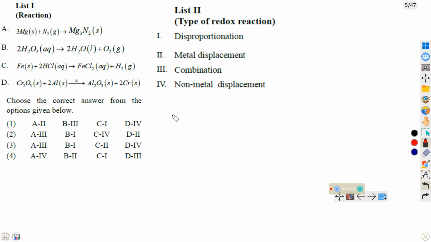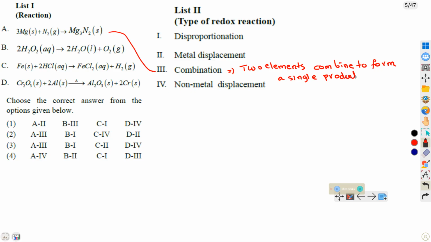Match the following. A is a combination reaction. What is a combination reaction? Two elements combine to form a single product, then the reaction is considered as a combination reaction.